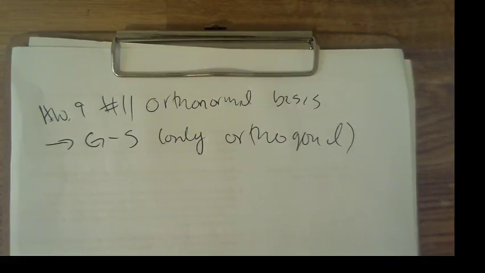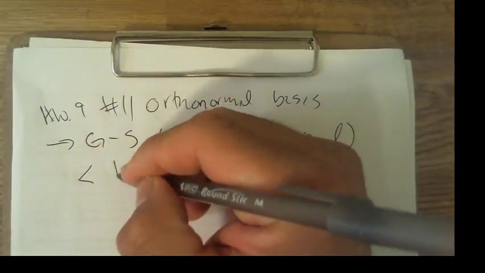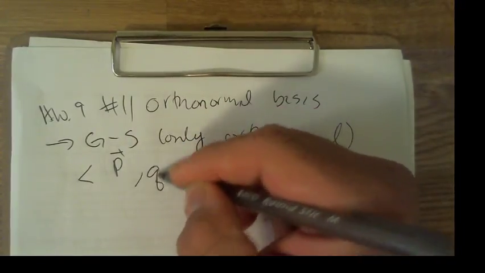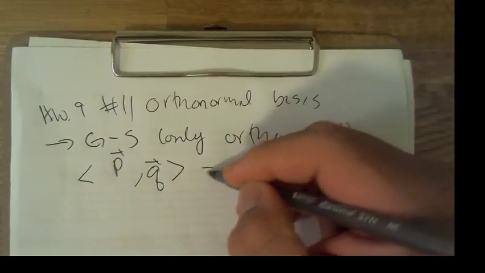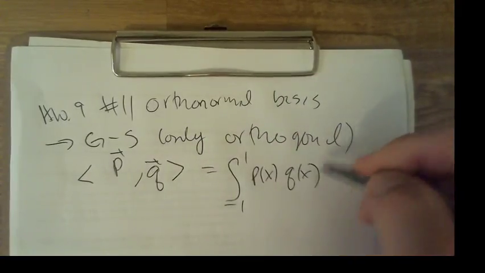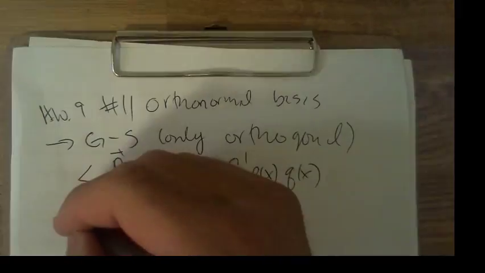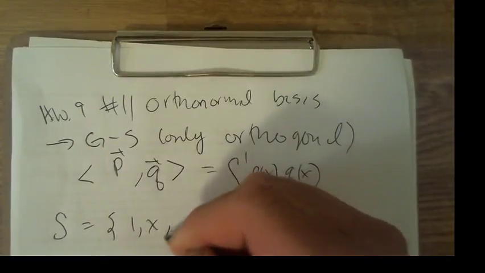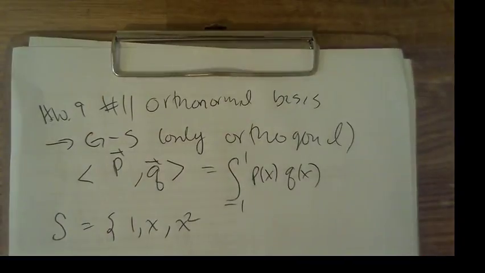Alrighty then. So let's take a look at here. We have our inner product. Okay, and we have our ordered set: 1, x, x squared.